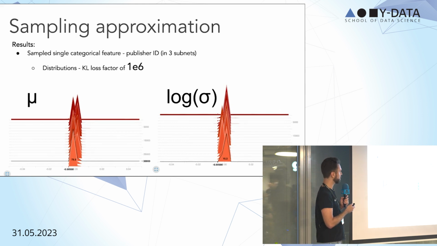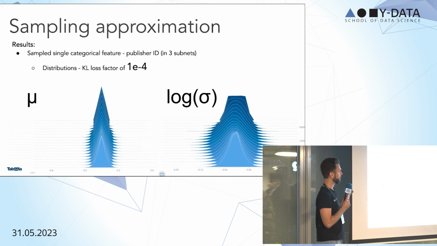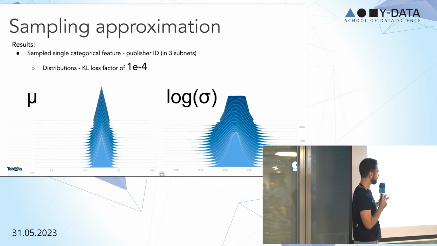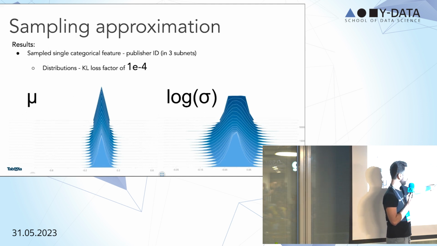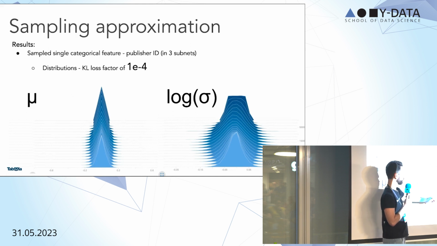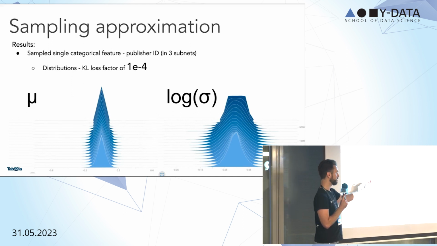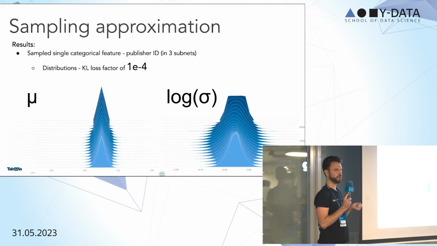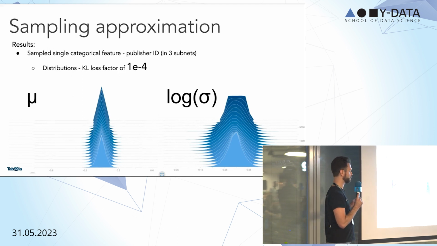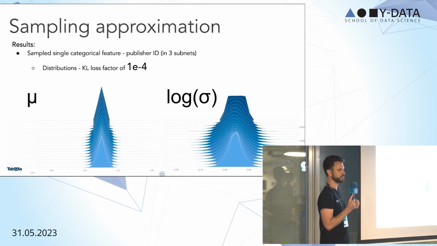But the nice part happens in the sweet spot, because we can see that in the log sigma, the support got wider initially to represent the wider range of values, but then it got narrower because we said, okay, we need to regularize. We need to make it not as far from the standard normal distribution as it went.